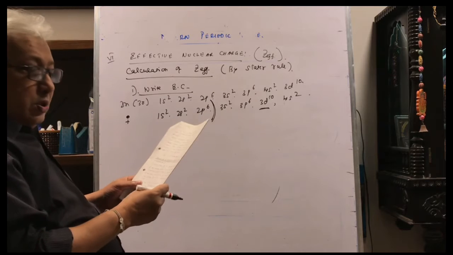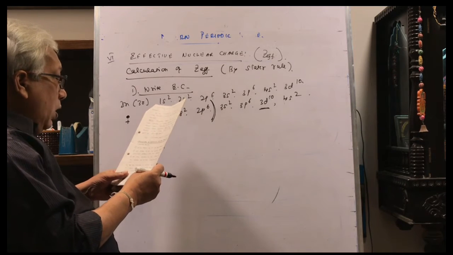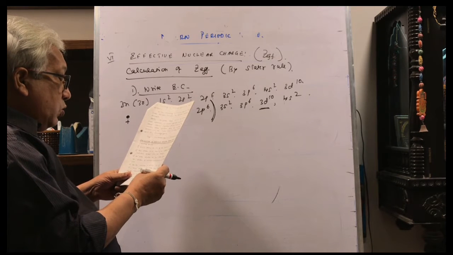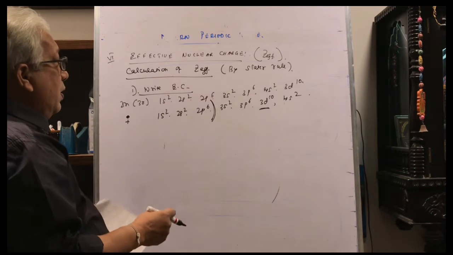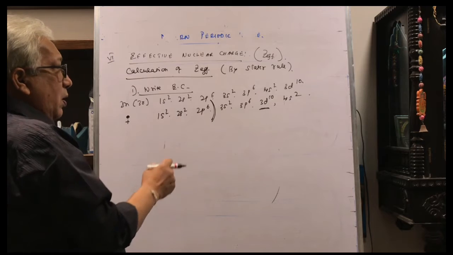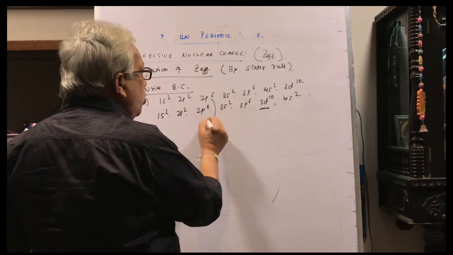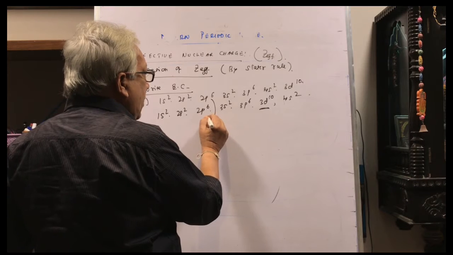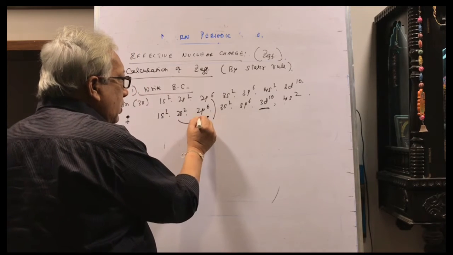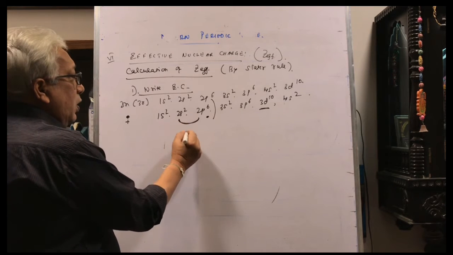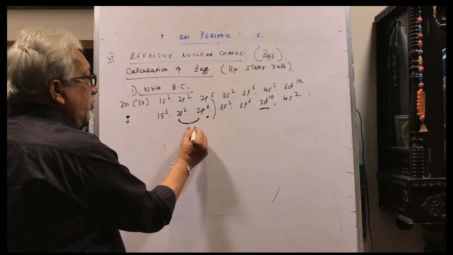The third point is all other electrons in the same group as the electron of interest contribute 0.35 charge unit. That means, suppose I am thinking of the electron of 2p, all the electrons over here will cause a shielding of the value of 0.35.